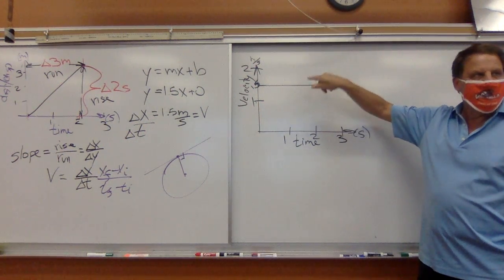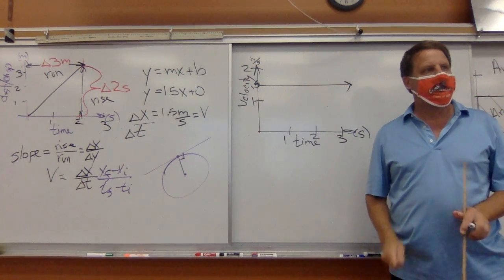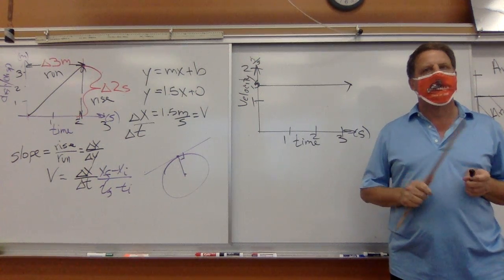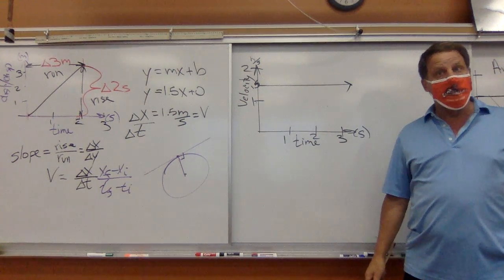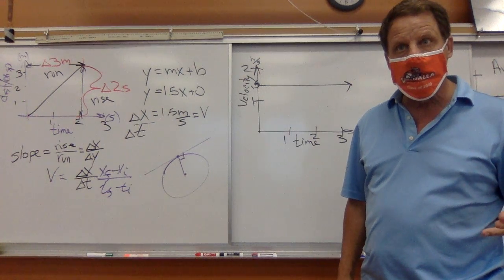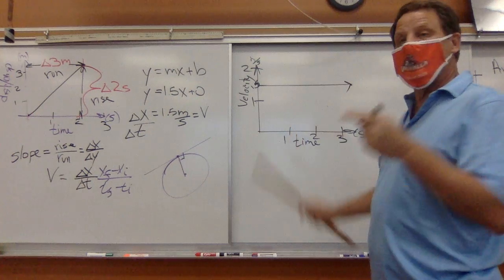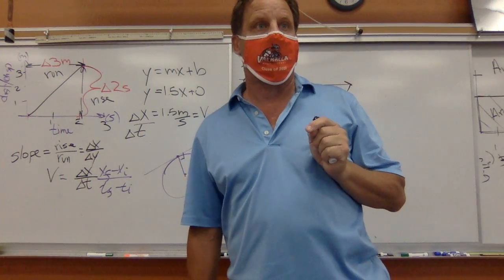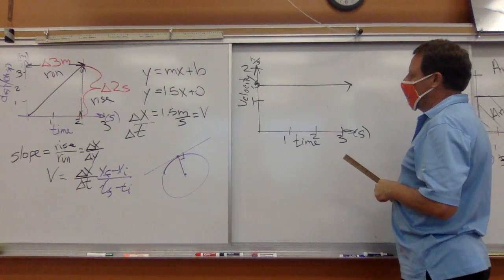What does this graph indicate? What does this line indicate? It is moving at 1.5 meters per second the whole time. That means it is a constant velocity.